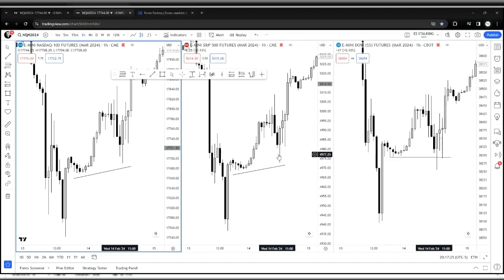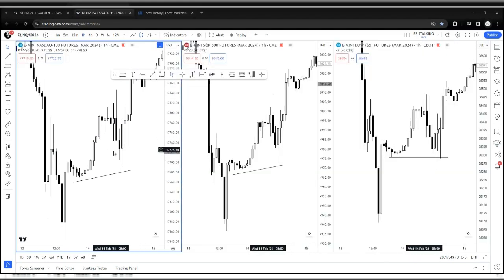And what's the first thing that you would do? You would wait for this to happen. Now, you want to see price break above an order block, which would be this candle right here, or this candle right here.